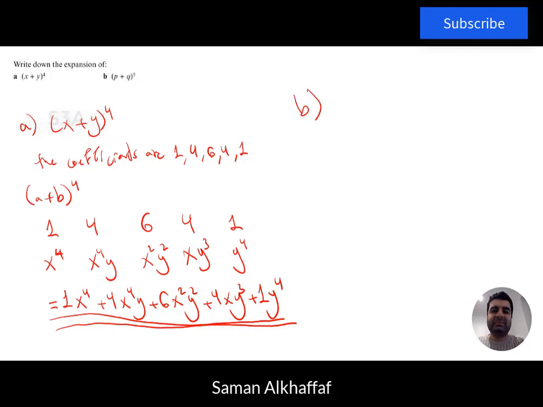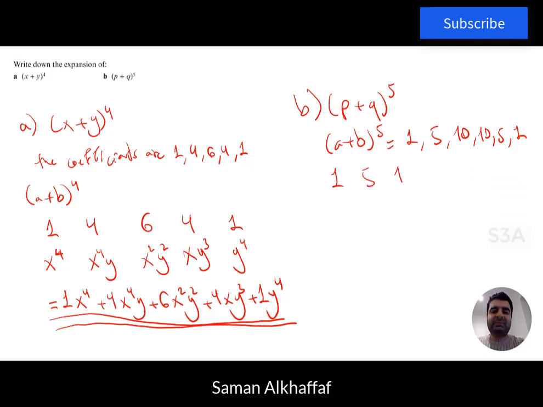For part B, we have the expression p plus q to the power 5, and as for a plus b to the power 5, in this scenario we would have the coefficients 1, 5, 10, 10, 5, and 1. So for us to express them, we would have p to the power 5, and for the second term p to the power 4 q.